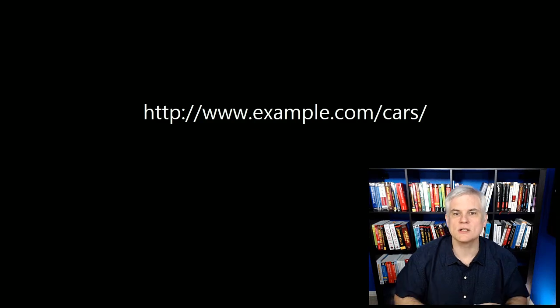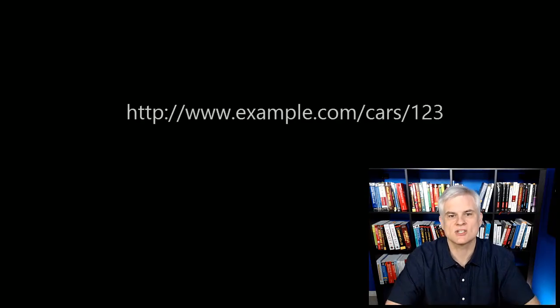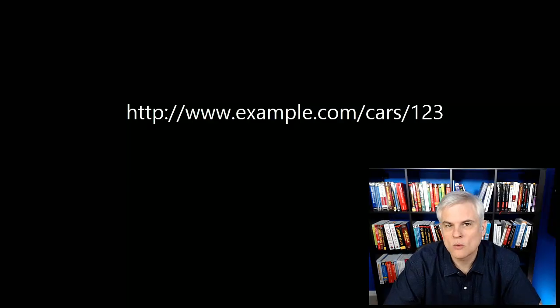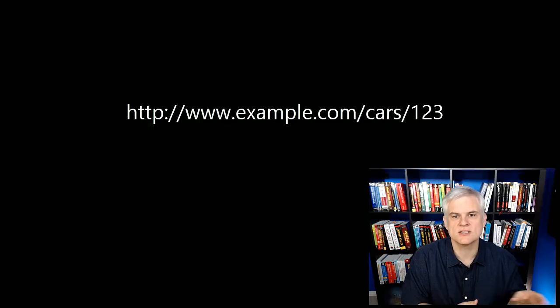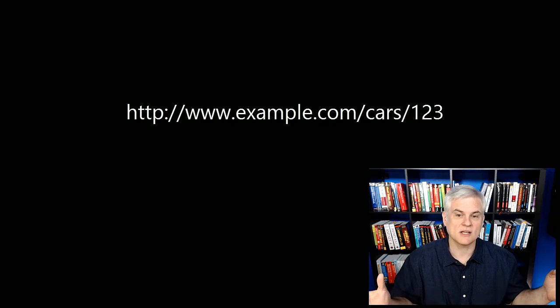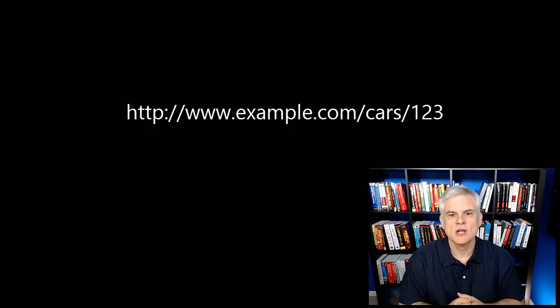So perhaps you want to deal with a specific car in the system, a specific entity in our system. Well, you might access it like this, /car/123, where 123 is some identifier that represents a specific car in the system. You might choose to use a vehicle identification number, a VIN number, a license plate number, or some other identifier.